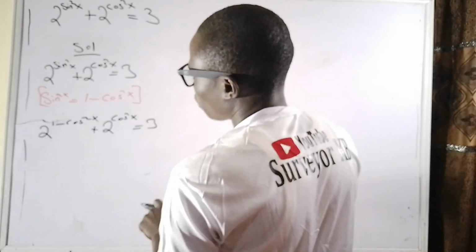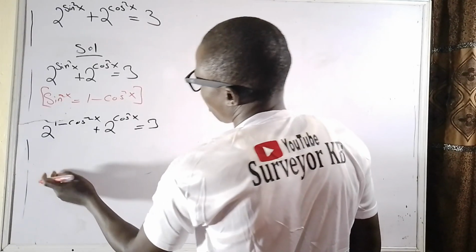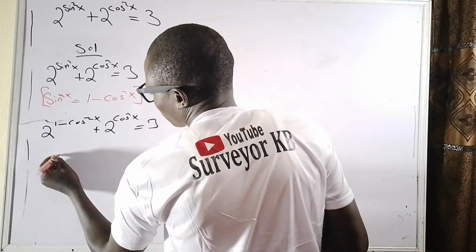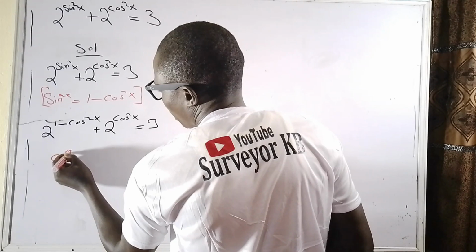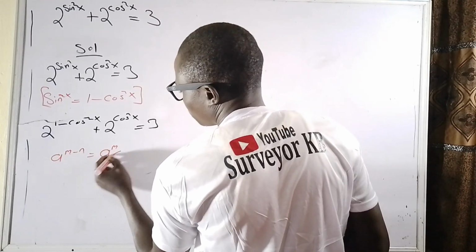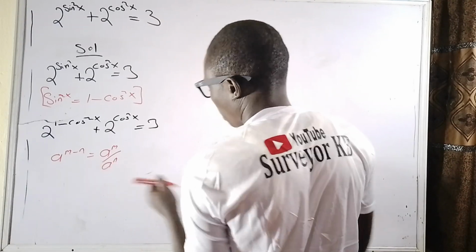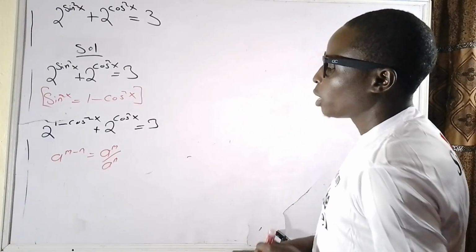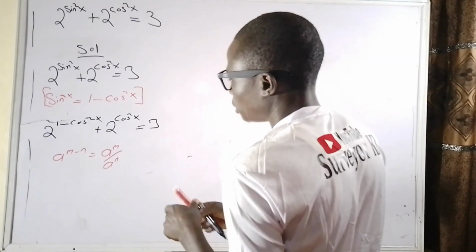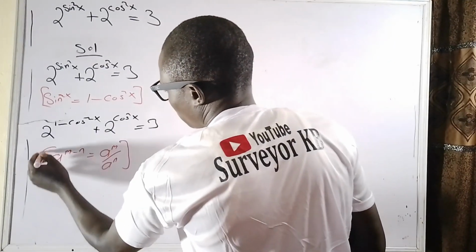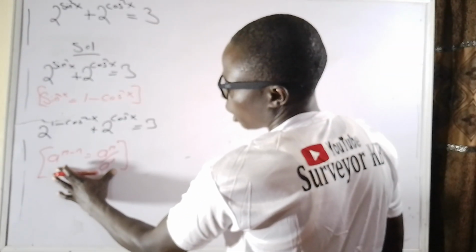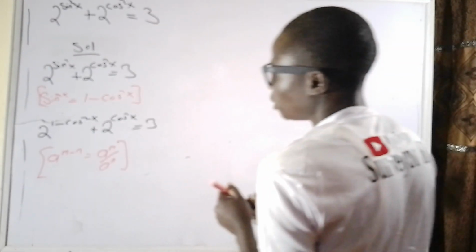Also, we can recall that in our indices, anytime we have a raised power m minus n, it is the same thing as a raised power m all over a raised power n. Knowing this will also help us in solving this particular equation. So to reach the next step, we have to use this particular idea.